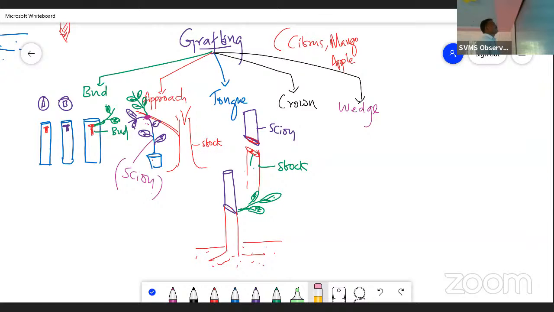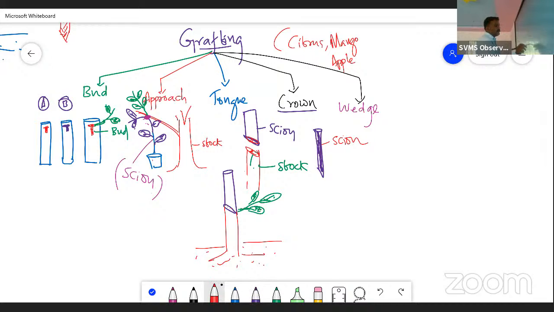I'm talking about the fourth type of grafting technique, that is crown grafting, in which a scion is made very sharp at one end. This is a scion, and the stalk is much larger than the scion.